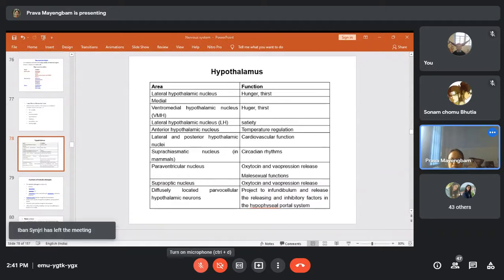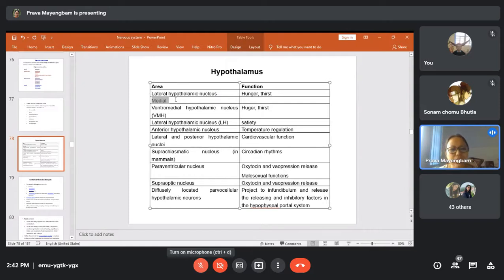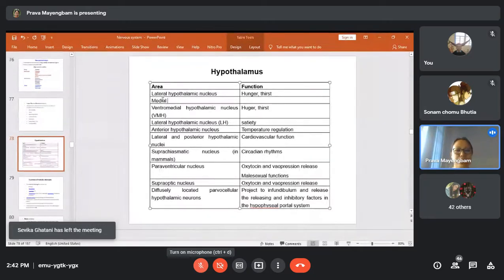Ventromedial nucleus is satiety. Lateral hypothalamic nucleus is hunger. Okay, so I'll change this one.